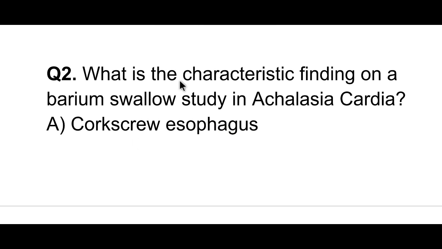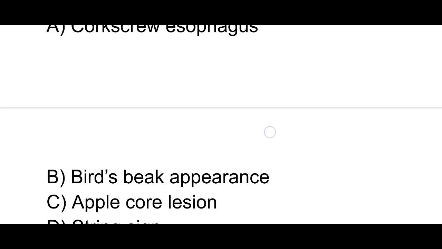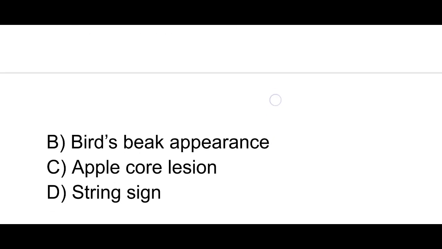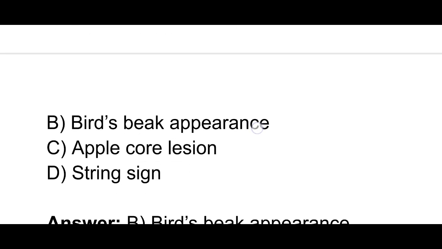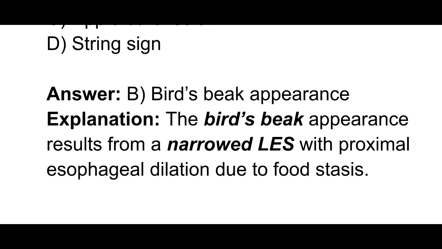Now, question 2. What is the characteristic finding on a barium swallow study in Achalasia Cardia? Is it the corkscrew esophagus, bird's beak appearance, apple core lesion, or string sign? It is the bird's beak appearance.